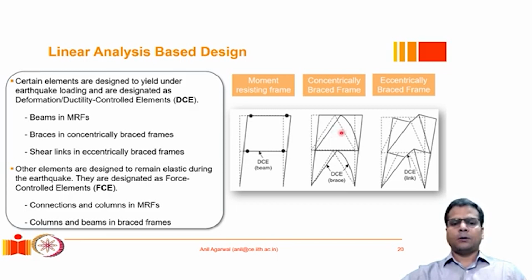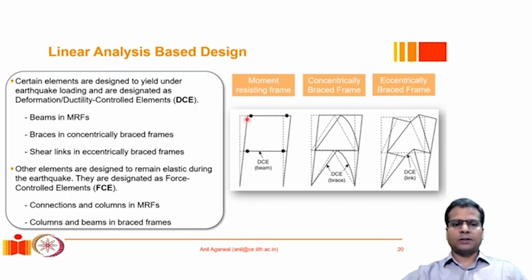Those components which are expected to undergo plasticization would be classified as ductility control elements, and they are the ones who would control the overall ductile behavior of the frame. So these components should exhibit a very significant amount of plasticity, a very significant amount of ductility. They should not break very easily. They should continue to deform, offering resistance for a very large extent.